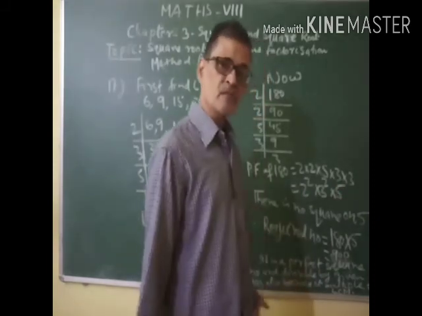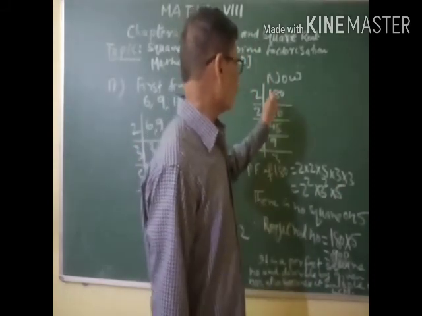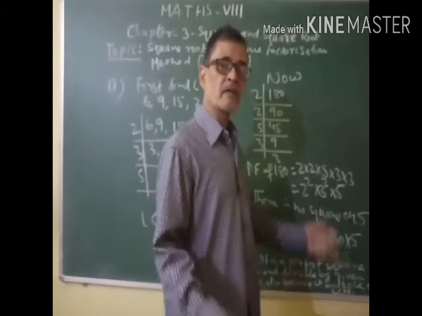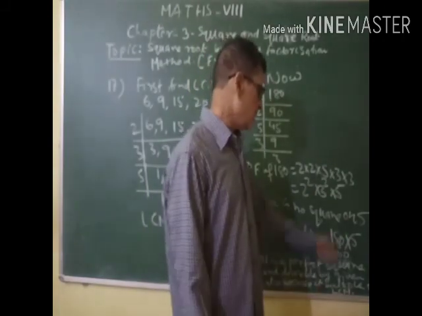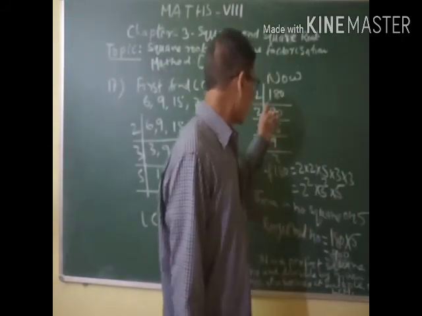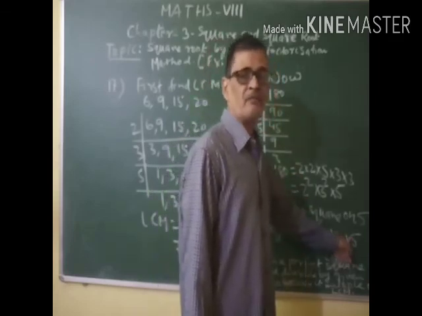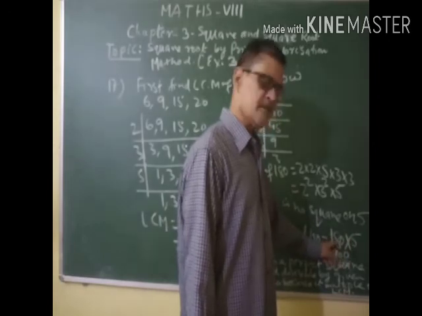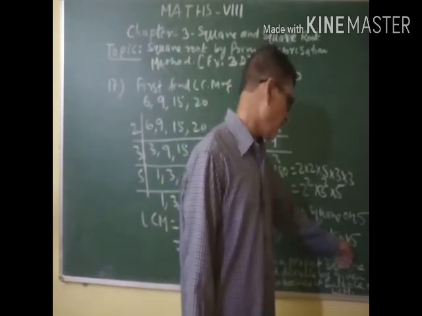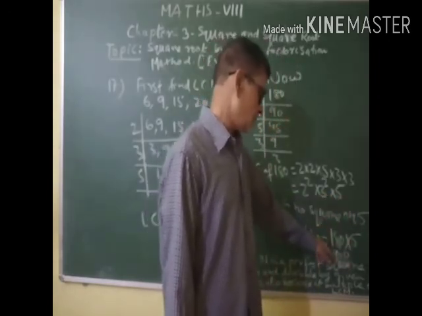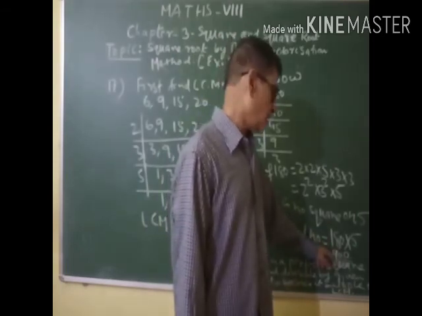Then what should be done to make 180 a perfect square number? Certainly this LCM should be multiplied by 5. This LCM should be multiplied by 5 to make it a perfect square number.